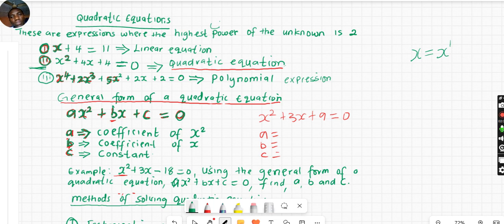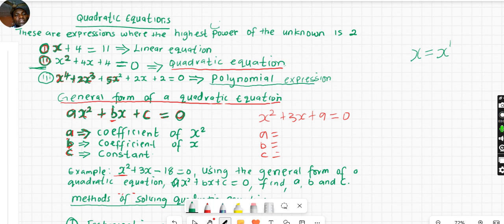Now sometimes some equations have the power of the variable greater than 2. Such expressions, we call them polynomials, polynomial expressions. If you look at number 3 here, we have x raised to the power 4 plus 2x raised to the power 3 plus 5x raised to the power 2 plus 2x plus 2 equal to 0.